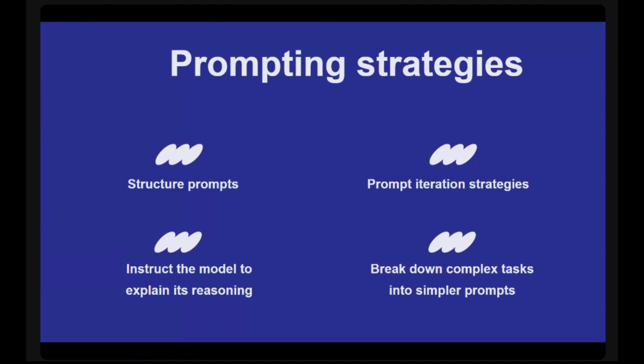The next one is to instruct the model to explain its reasoning. This is the same as COT. We want our AI model to give us reasons how it has reached a certain conclusion, what steps it has followed, and those are called reasoning.